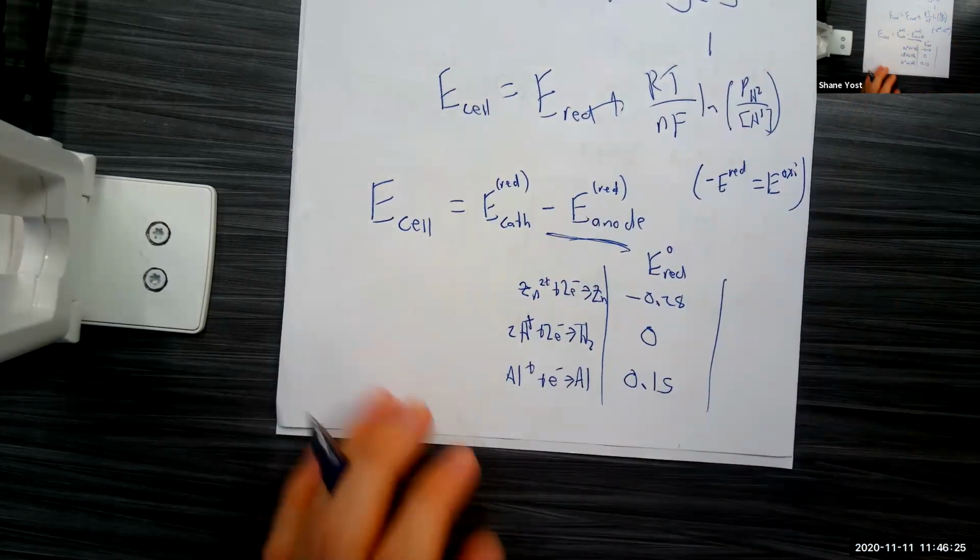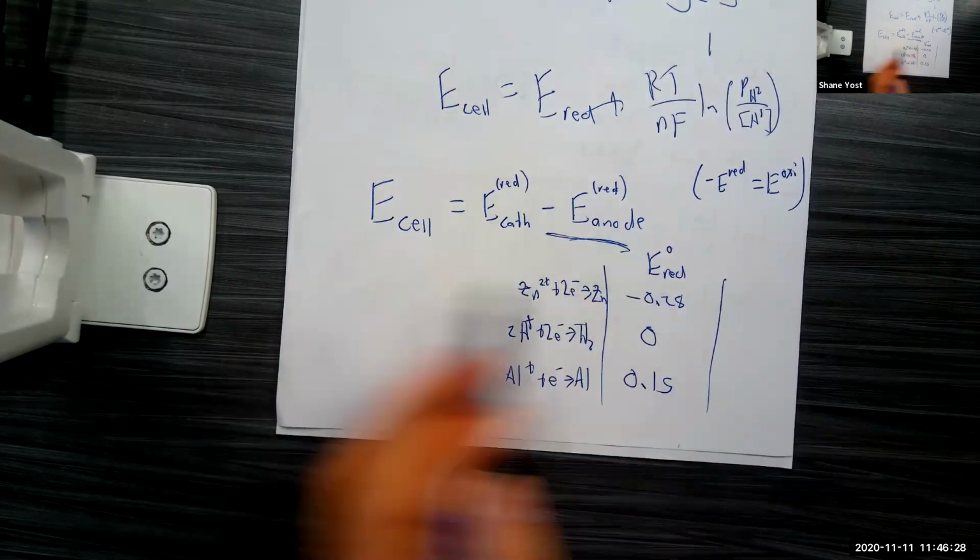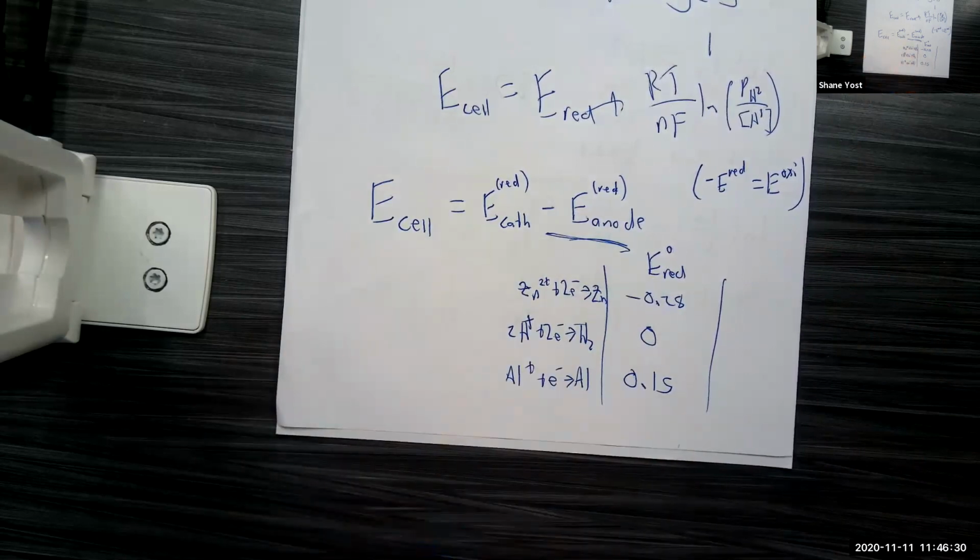So you've potentially seen this form presented as E cathode minus E anode, where again it's just using the fact that the anode has the oxidation reaction. So you flip the reduction potential and take the negative of that. That's why it's minus the reduction potential of the anode, since the oxidation reaction is occurring there.